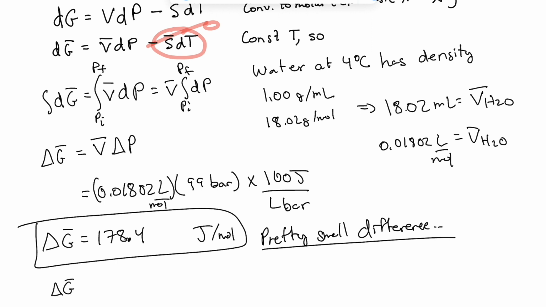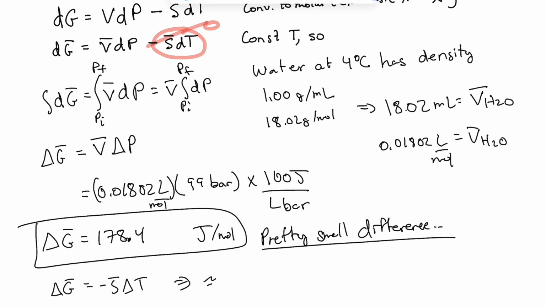We can see that delta G bar is equal to, if we keep pressure constant and change the temperature, negative S bar delta T, again assuming that S bar is constant with temperature, which isn't true, but is at least approximately true.